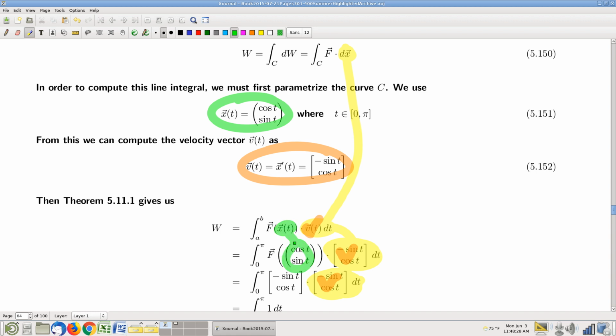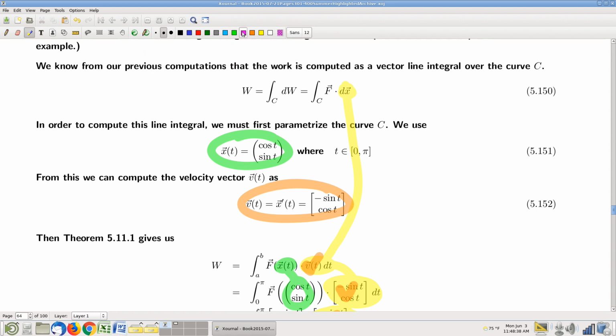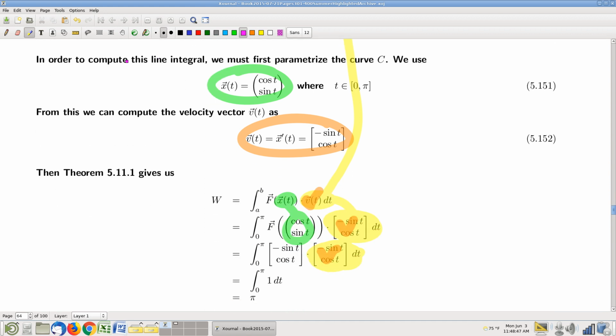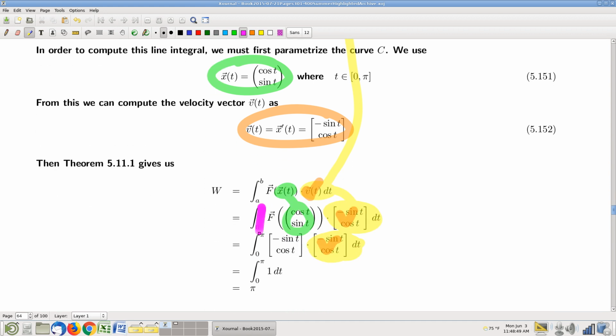Now don't forget we have to plug in the parametrization itself for our x. The parametrization is x equals cosine t, comma, sine t. What we are plugging that into is our vector field. Let me come back up here real quick. Our vector field F is negative y, comma, x. So we're composing our vector field F with the parametrization.